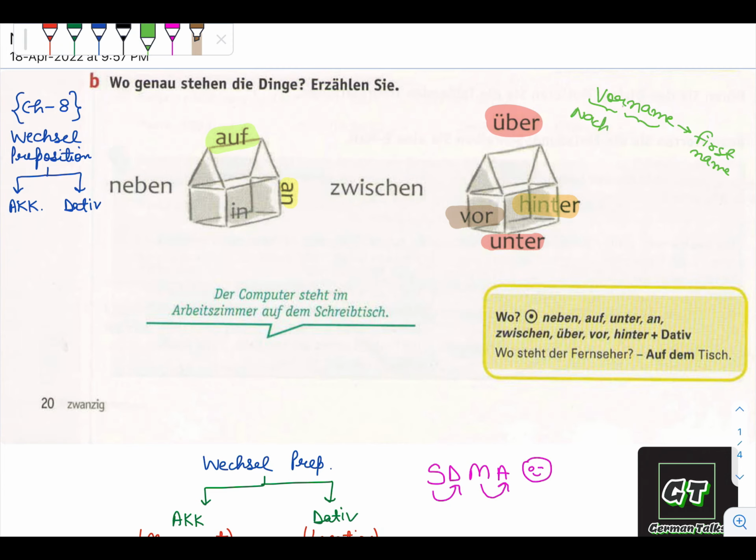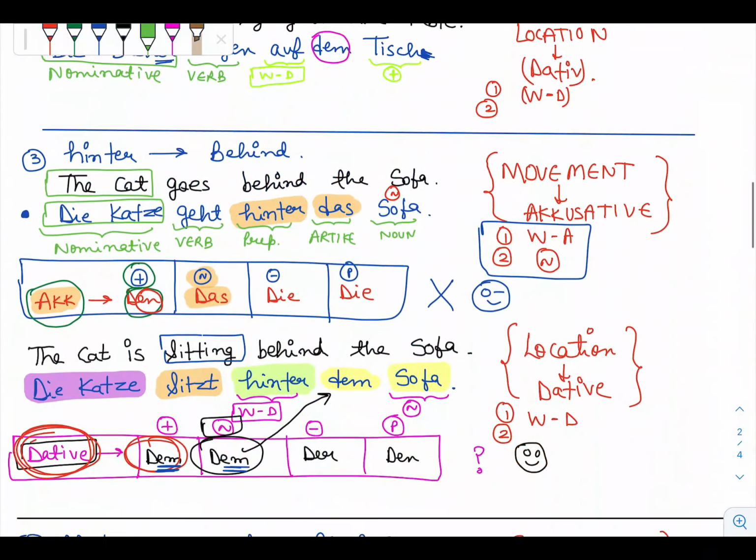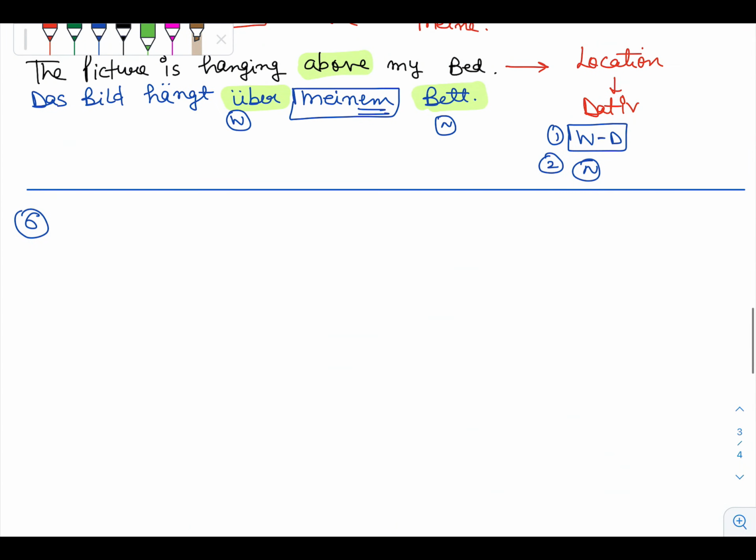And we also say Nachname. Nachname means surname, last name. Okay. So vor means in front of or before.